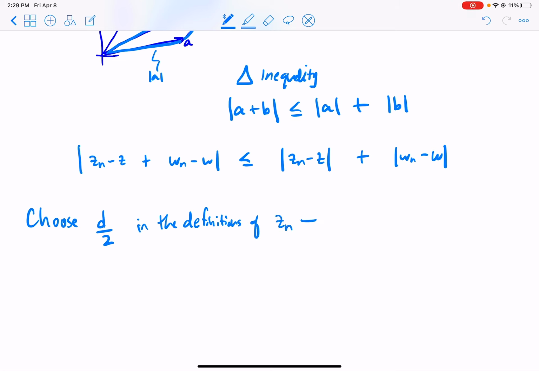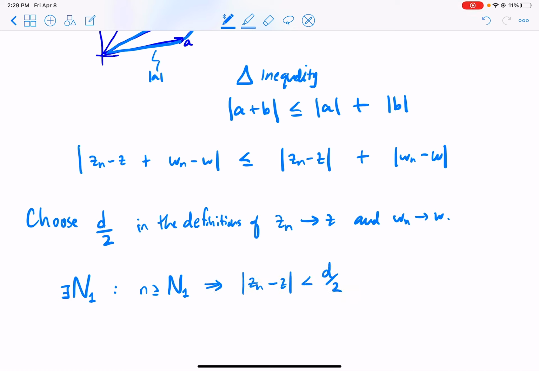of Zn converging to Z and Wn converging to W, we know that there exists some capital N1 such that going past capital N1 implies that the magnitude of Zn minus Z is less than D over 2. For any distance we choose, in particular, we can choose D over 2.